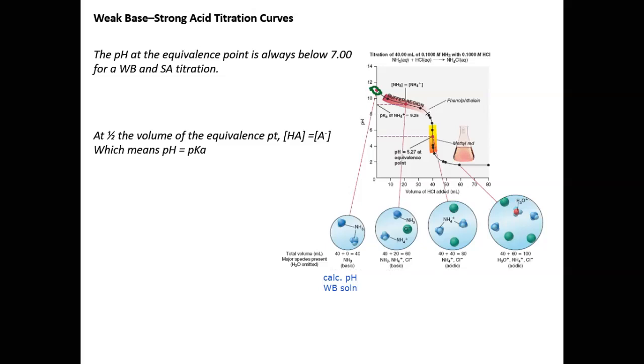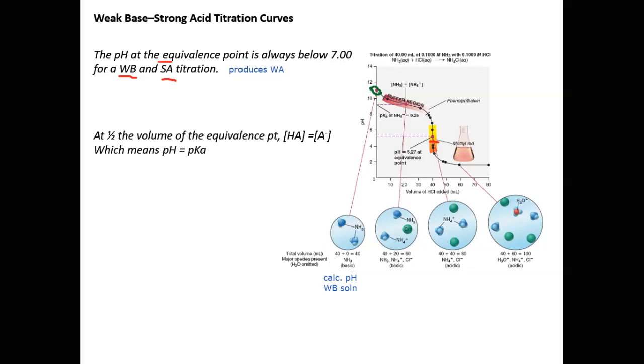Then you also have a buffer region between the initial pH and the equivalence point. But notice here, when we're dealing with a weak base, strong acid titration, it produces weak acid. So since it produces weak acid, the equivalence point is always going to be less than 7.